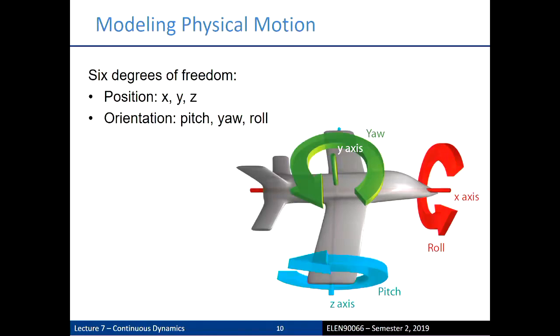It's unlike a car, where you assume that suspension travel and stuff is not too bad. In a helicopter, you've got 6 degrees of freedom. You've got your X, Y, and Z lateral movements, and then you've got the orientation of the machine itself. As you would have seen from using the Wiimotes, you've got pitch, yaw, and roll about the various axes, X, Y, and Z.